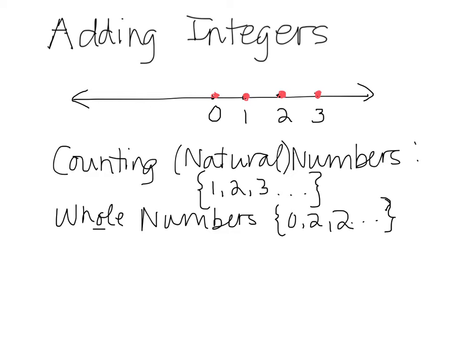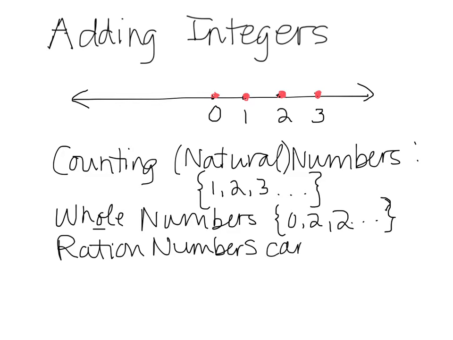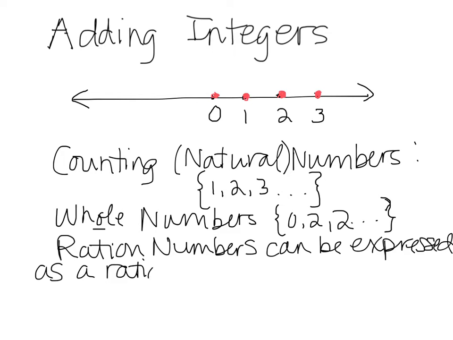The numbers in between there, like the fractions and the decimals, are actually called rational numbers, because they can be expressed as a ratio. We're going to take that up later in the year. That's where you hear that rational numbers, ratio.